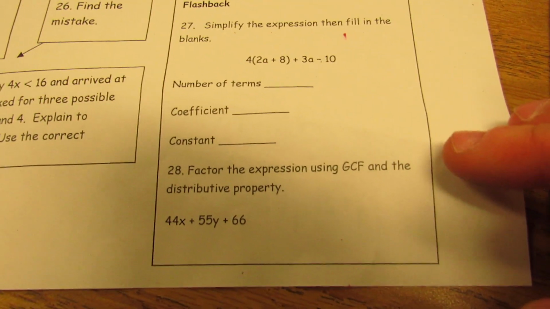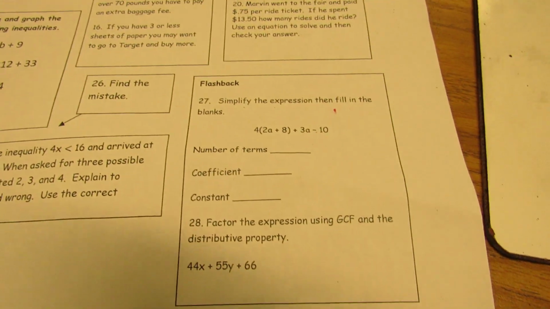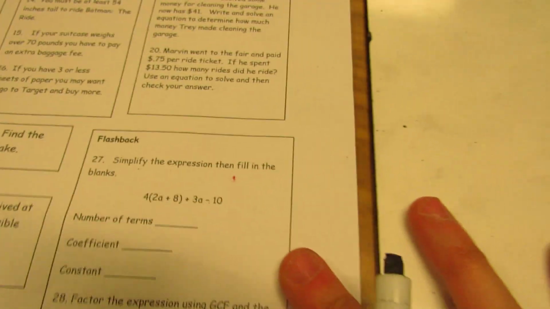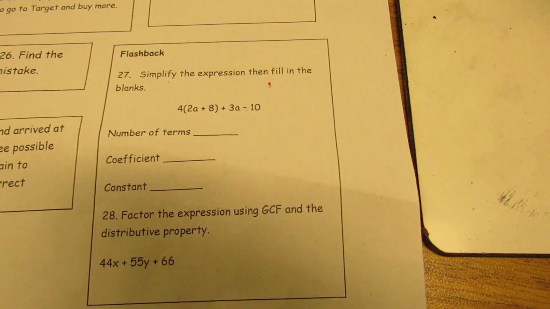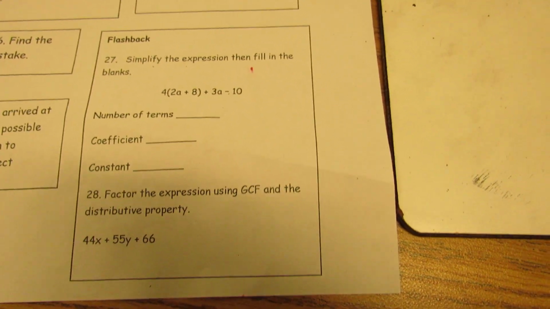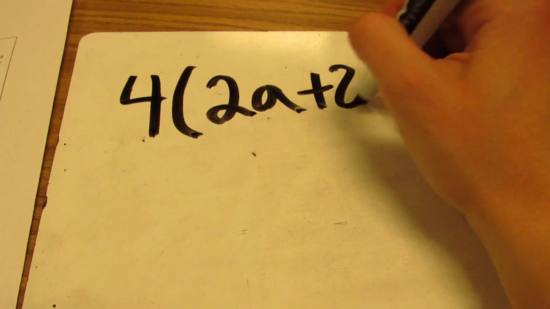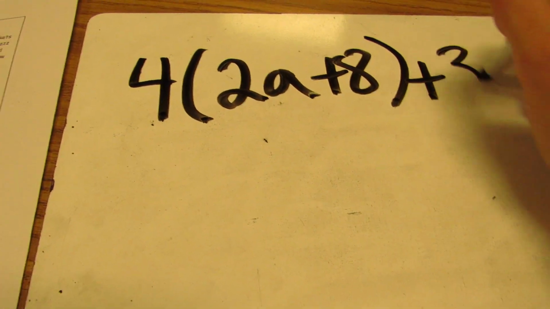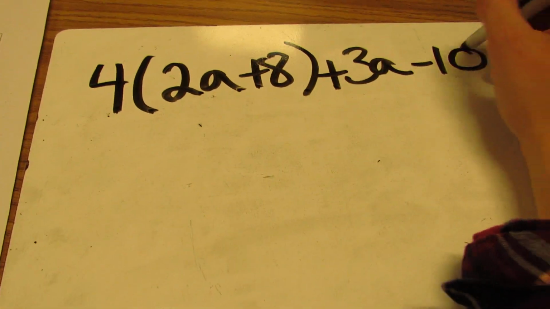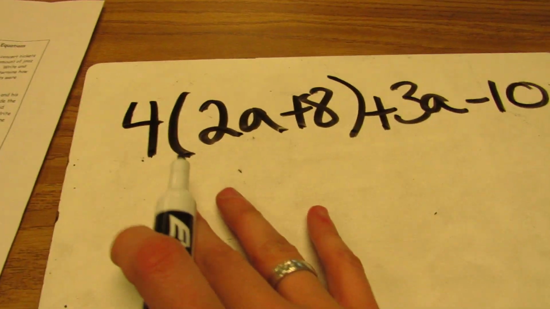All right, last but not least, this was a review, guys, so this is kind of our previous units. So it says that we need to simplify the expression and then fill in the blanks. So I have 4(2a + 8) + 3a - 10. All right, so in order to simplify, I need to go ahead and distribute.